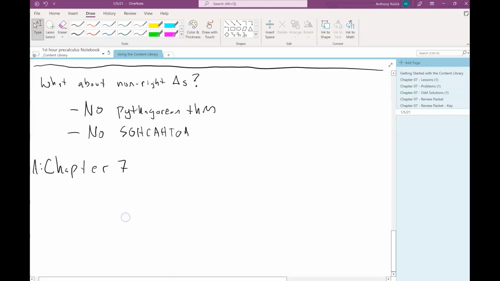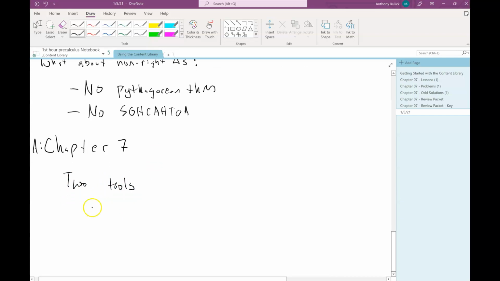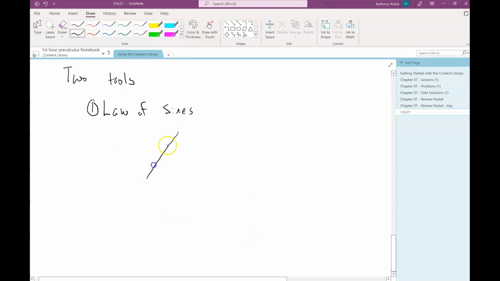So there are two tools here. The first tool is called the law of sines. So for any triangle, the following relationship holds.